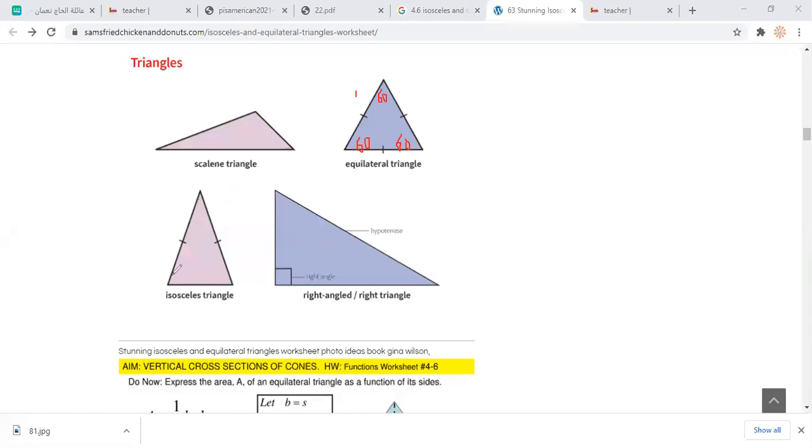Once we have this triangle as an isosceles, let's call this triangle ABC. Once we have two sides equal, then the base angles should be equal in measure.